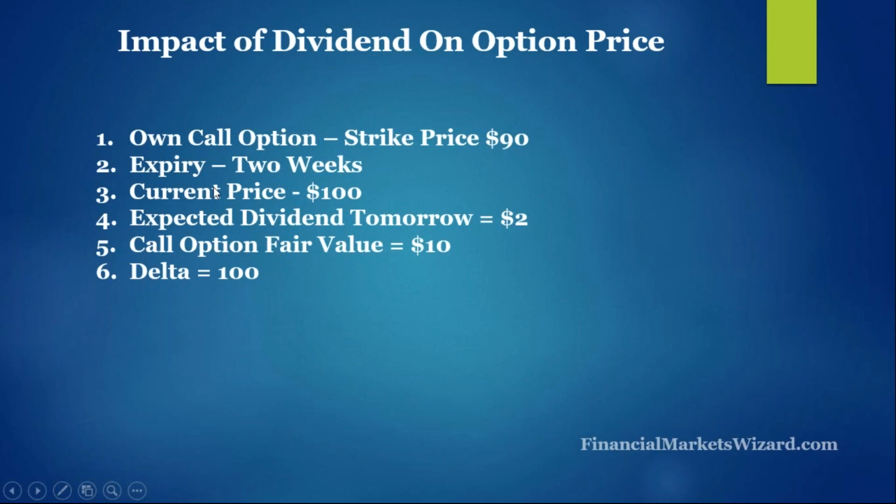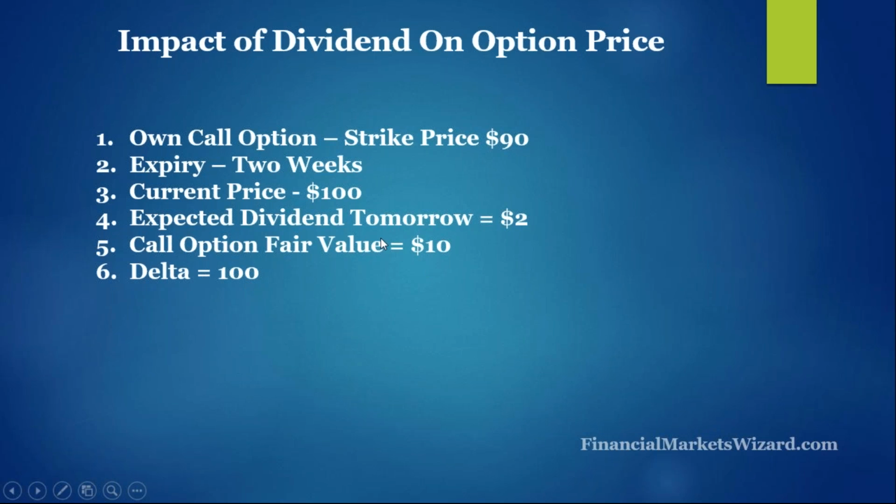So again, you have a strike at 90. In other words, you have the right to buy Apple shares at $90. It expires in 2 weeks. The stock is trading at $100. The expected dividend tomorrow is $2. The option fair value is $10 because the stock is 100, your strike is 90, 2 weeks, delta 100.